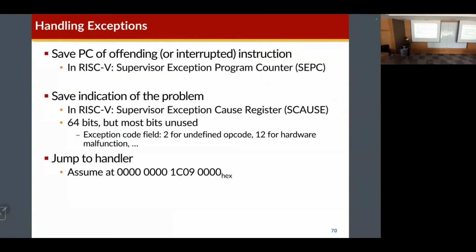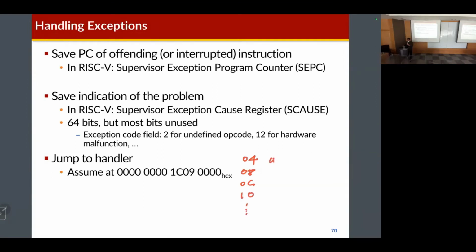So let's see how a processor can handle exceptions. I will also explain some additional behavior of exceptions. Think like this: this is the program counter, like 04, 08, 0C, 10, and so on.